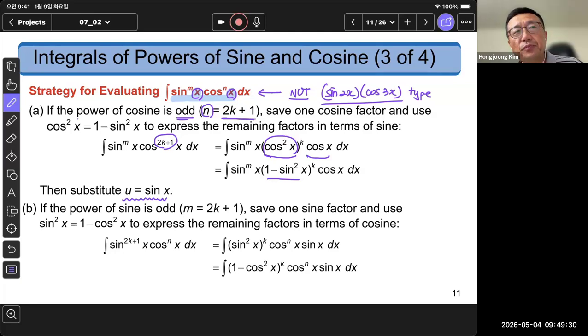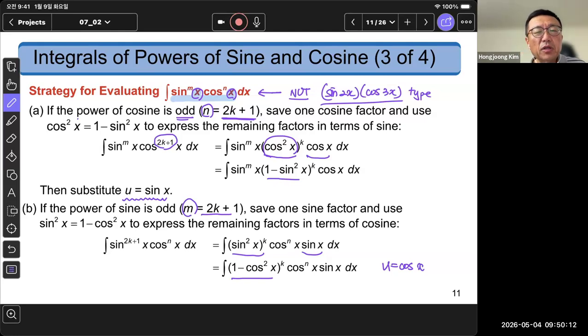Now, if the power of sine is odd, say if m is 2k plus 1, then in a similar way, we split this sine x as a product of sine x to the 2kth power multiplied by sine x. And then you replace this sine x squared by 1 minus cosine x squared. And then you introduce u for cosine x.